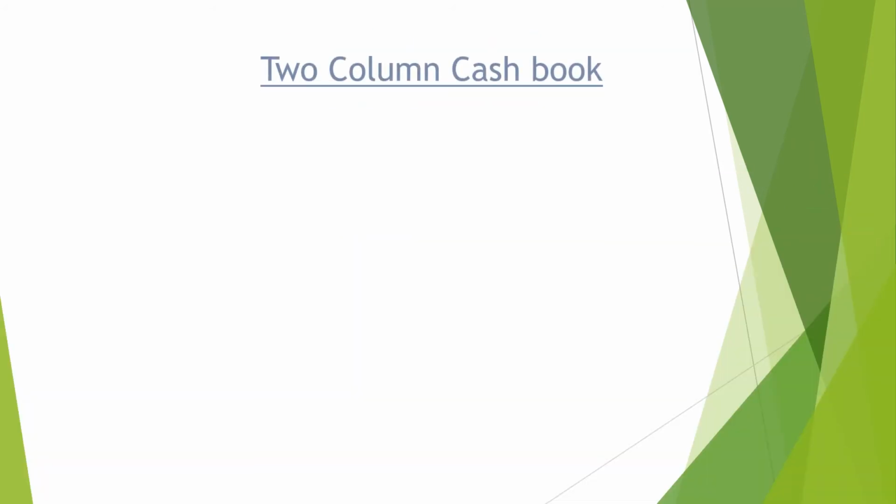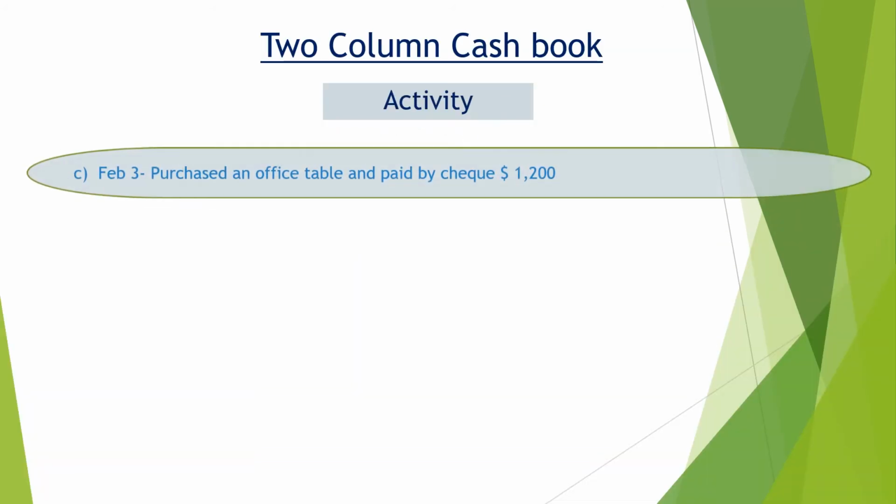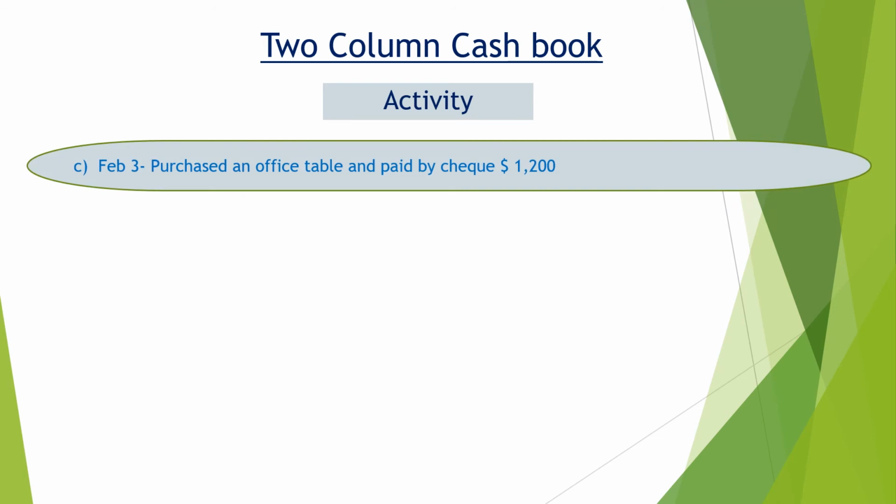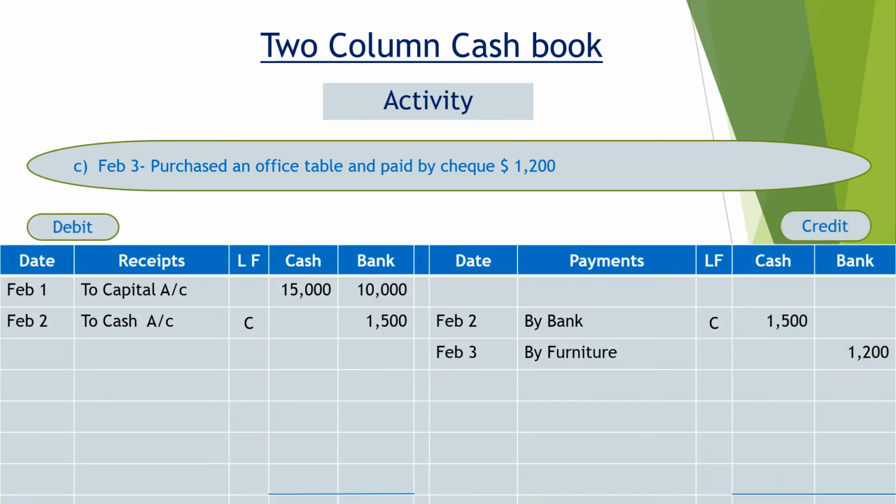We come to the next example. Office table bought paying check. Bank has been credited with narration furniture account.